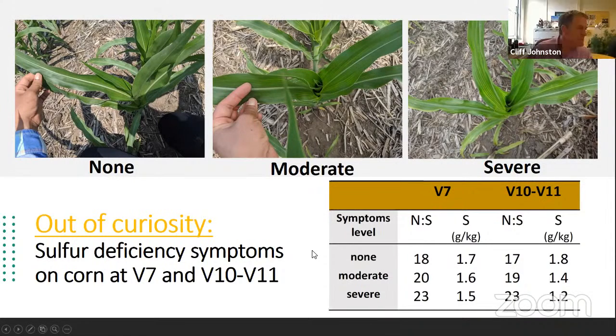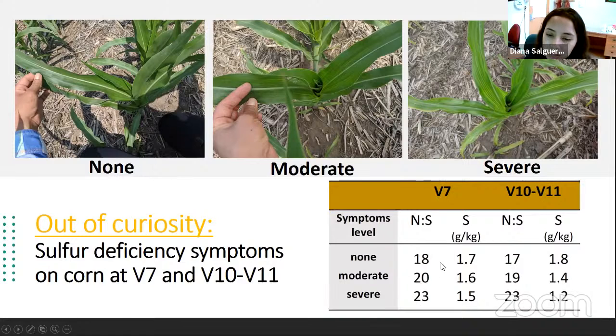What we found was that the plant that didn't show deficiency symptoms had a nitrogen to sulfur ratio equal to 18. That is what is reported in the literature to be adequate. Any nitrogen to sulfur ratio equal to or less than 18 is good for the plant.